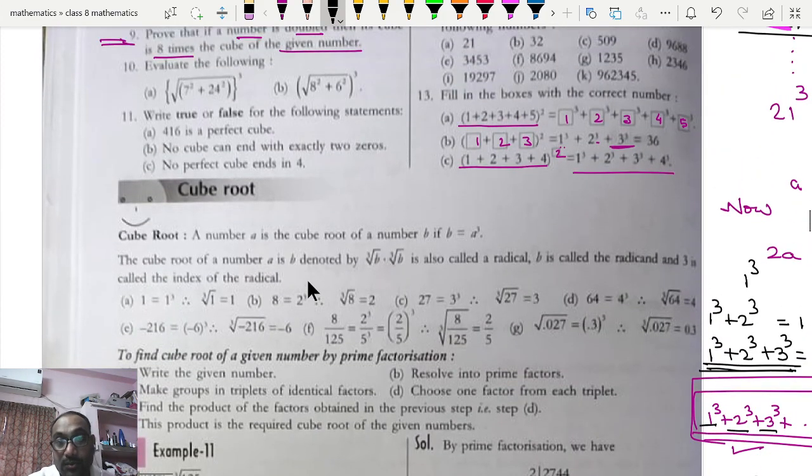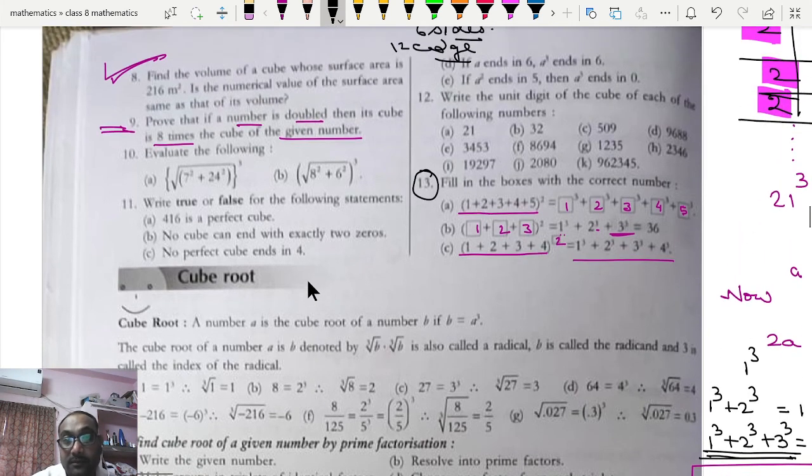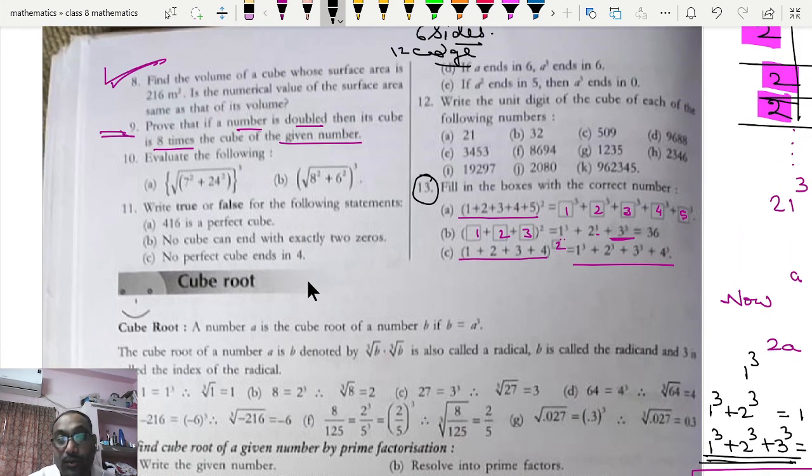So this last question is only on the basis of that pattern. And the unit digit, we have already discussed that the cube of an even number is even, and of an odd number is odd. So if we are talking about the unit digit of the cube, if it is 1, then 1 into 1 into 1 is 1.